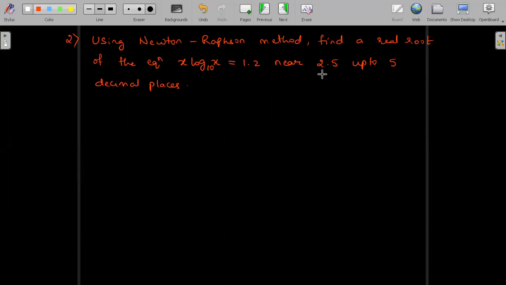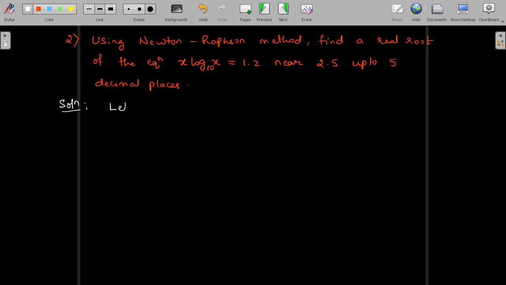Here the initial approximation x0 is given for us. So x0 is 2.5. So we don't have to find any interval where the root lies. Directly we take x0 is equal to 2.5 and perform the iterations. So let us consider the given function f of x and find out the differentiation f dash of x.